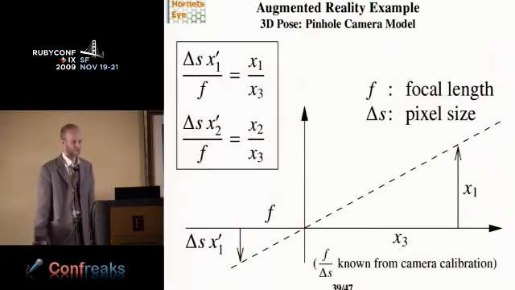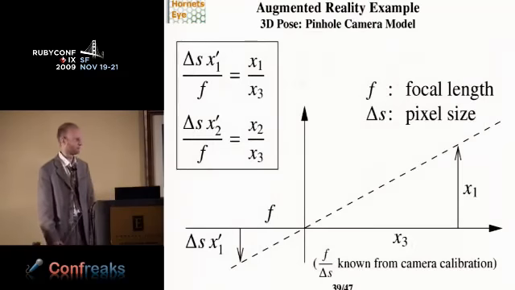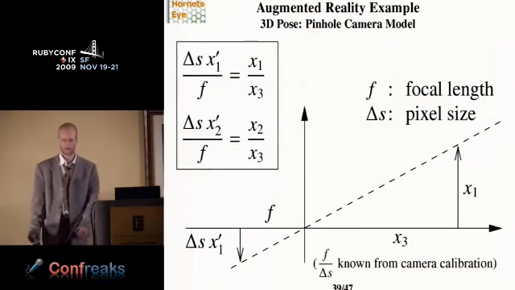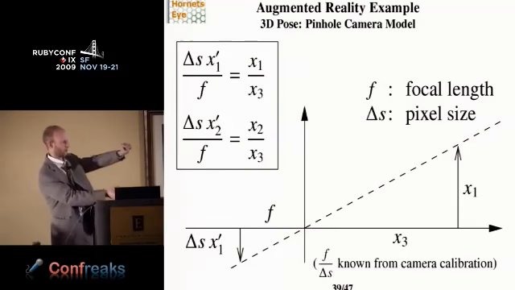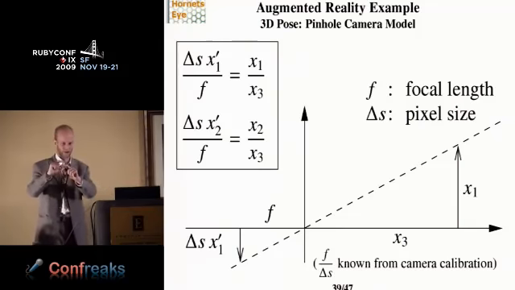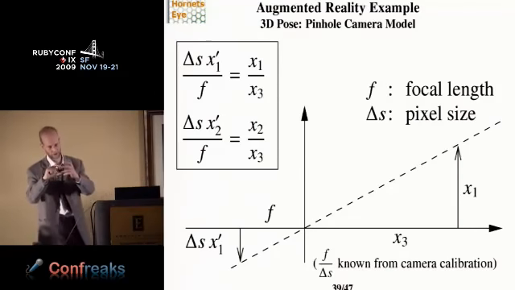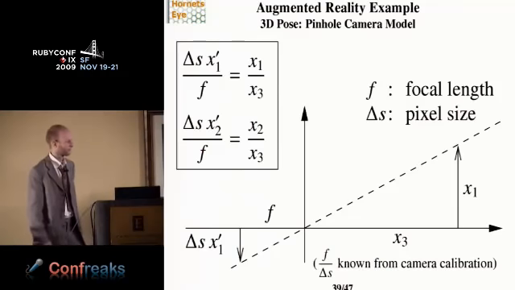And we start out with, I guess everybody knows this, the pinhole camera model. The pinhole camera model just says the size of the object x1 divided by the distance of the object x3 equals the size of the image on the camera chip divided by the focal length. And the size of the image on the camera chip is the number of pixels times the actual size of a pixel on the chip.